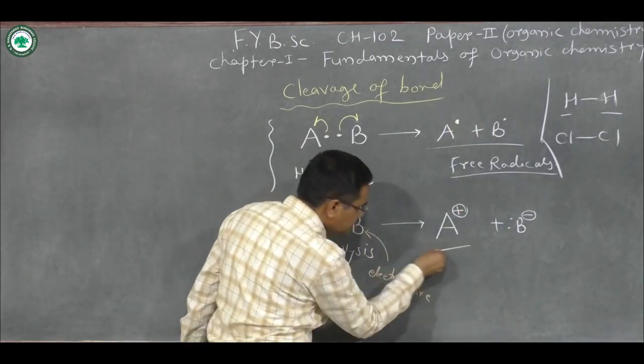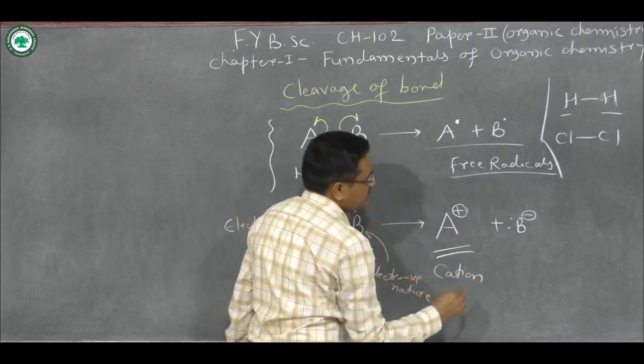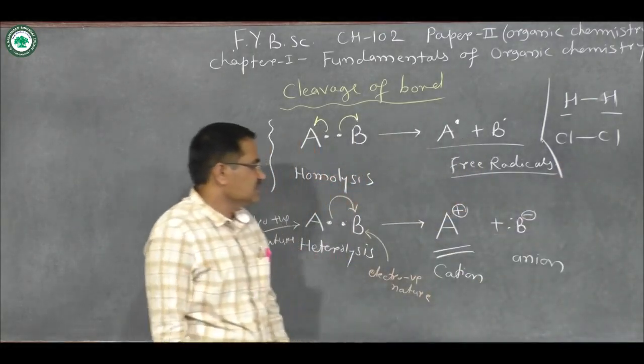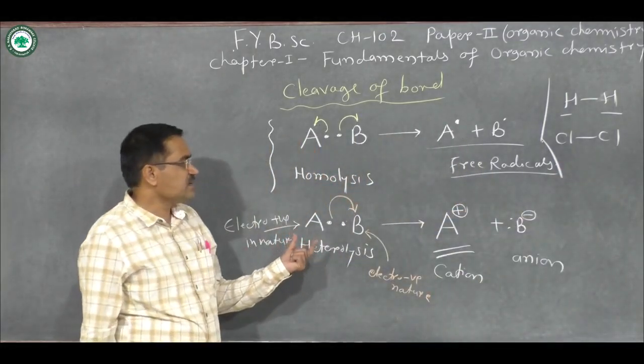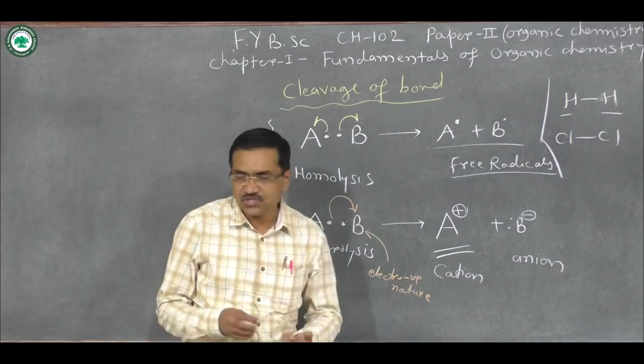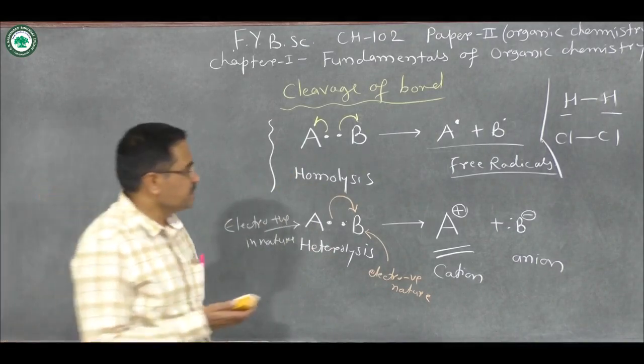Then it is called as cation, and this is called as anion. But this happens only due to the unequal distribution of bond pair of electrons.